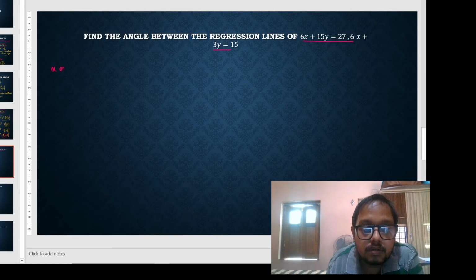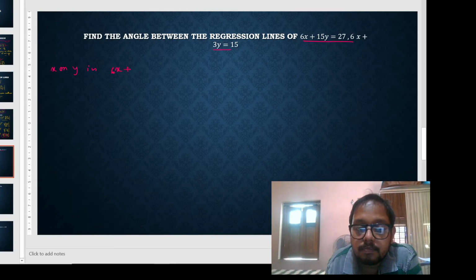So here we assume that x on y is 6x plus 15y is equal to 27, and we take y on x as 6x plus 3y is equal to 15.